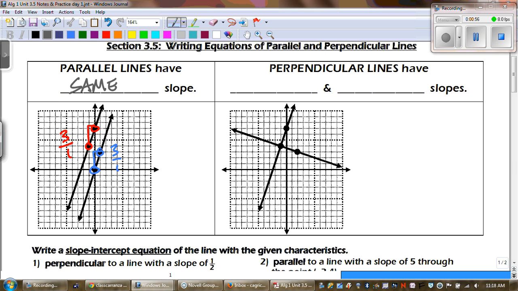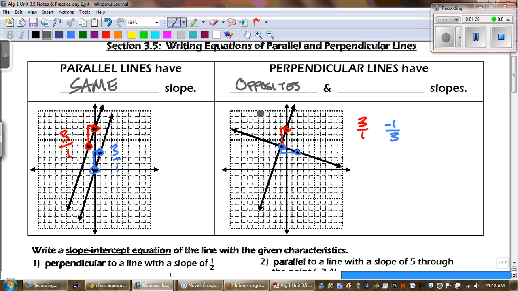Okay? But now let's look at the next one. From point 1 to point 2, our first is 3 over 1. But now our other line for the perpendicular, I went down 1 over 3. And the first thing I notice is that they're opposites.